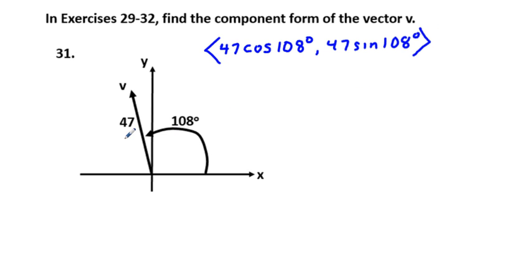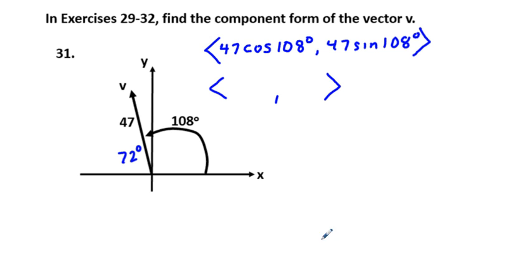And we've got to be careful, because instead of 108 degrees, let's say coming from the other side, we had maybe 72 degrees, and we would get a positive value for the cosine if we use this same formula. We'd have to turn that negative. And this brings up the subject that when we find our 47 cosine 108 degrees, that number better be what?